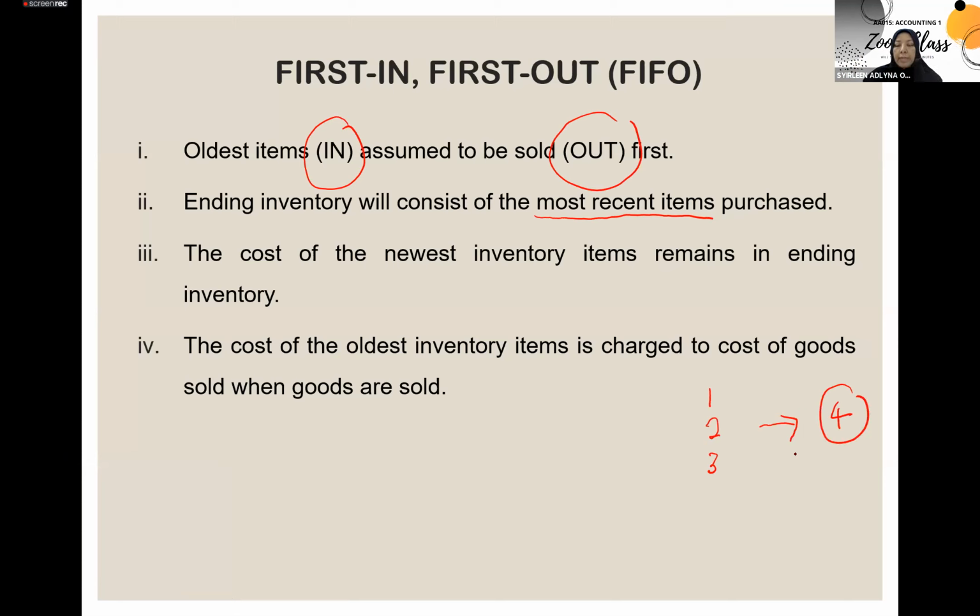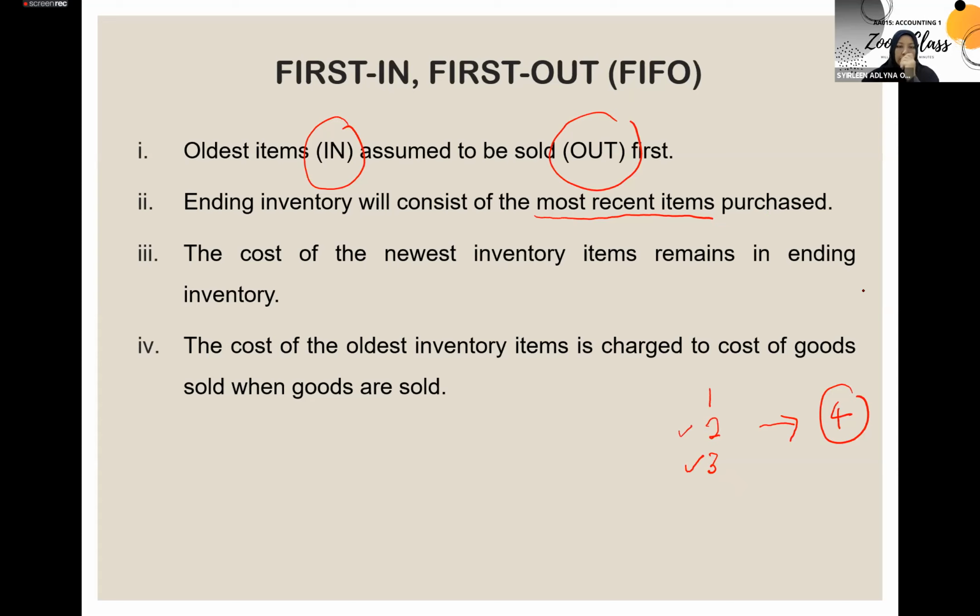So your ending inventory untuk bulan tersebut mestilah daripada the most recent. The most recent, that means your ending inventory nanti kebanyakannya adalah daripada stok yang baru beli. Dan mungkin ada sikit lagi daripada stok nombor 2. Tapi mungkin stok nombor 1 tu dah habis dijual. So that's the meaning that ending inventory will cost of the most recent item purchase.